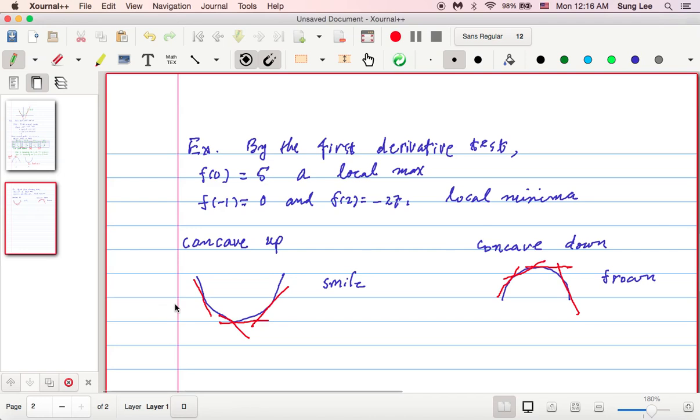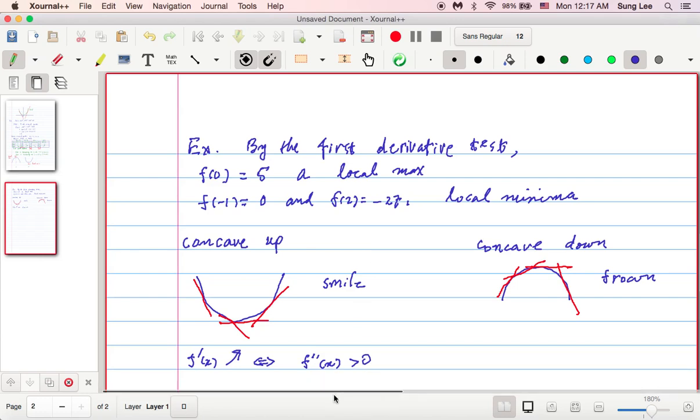So f prime of x is increasing in this case. Okay, let me write that down. So in this case, you can easily see f prime of x is increasing, which is equivalent to saying f double prime of x is positive.